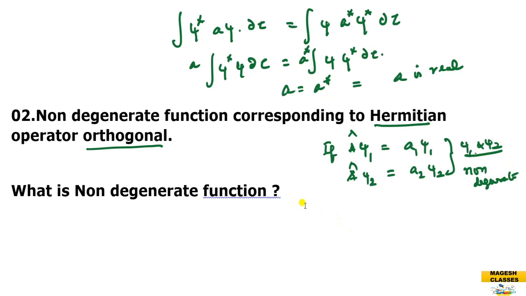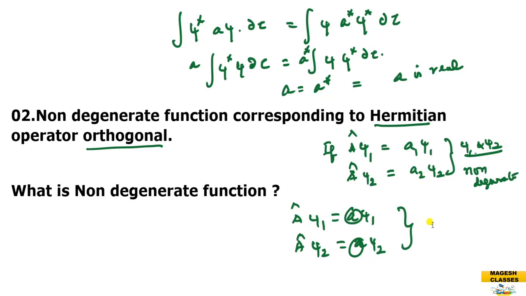Suppose the operator A on psi1 is equal to a into psi1, and when the operator operates on the second wave function, you get the same eigenvalue we got from the first one. Then it is called degenerate. If you get different eigenvalues, it is non-degenerate. That is, you have different eigenvalues if the same operator operates on different wave functions. Clear?